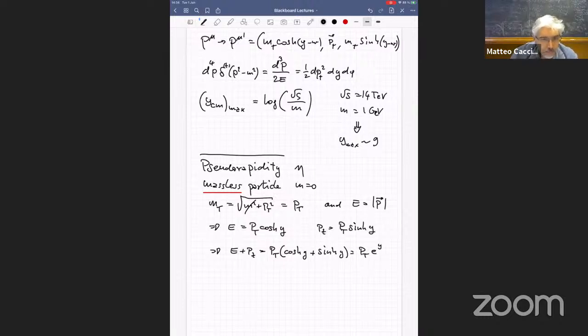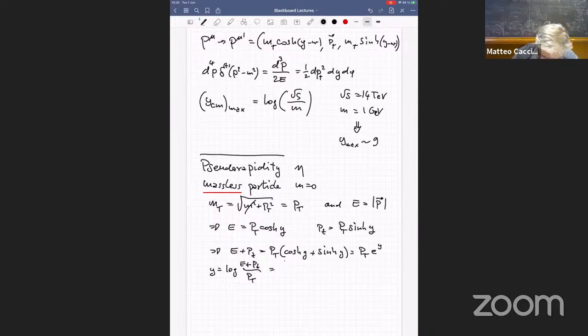Which is not something I need. Why did I write that? Well, it doesn't matter. So now take again the definition of rapidity. y equals, let's use the definition, E plus pz divided by, this time, pt, because again, we are in a massless particle.